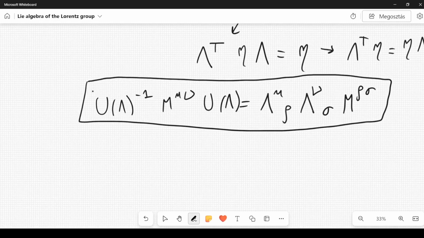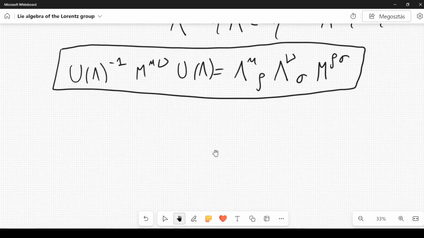So let's manipulate this formula here. In particular, let's start from the left-hand side of the expression, and we rewrite the left-hand side by using the usual rules for infinitesimal transformations. Let's start with the U of lambda.